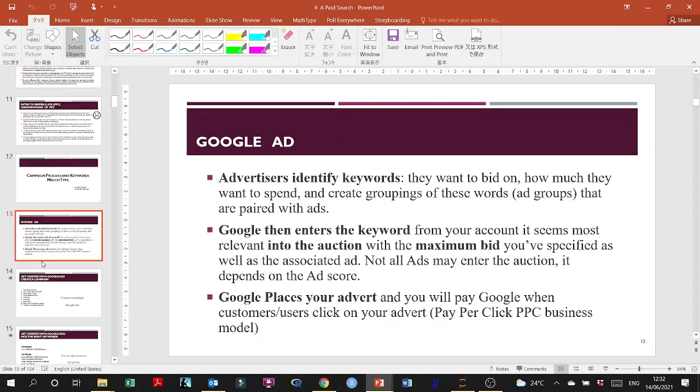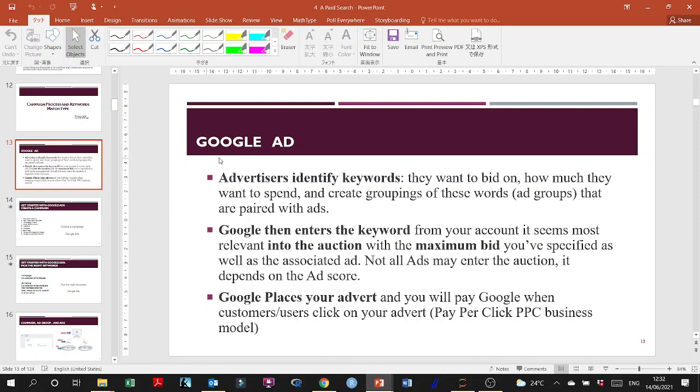So the campaign process, basically we're talking about Google Ads. With Google Ads, advertisers usually have already identified keywords. They've done the key phrase analysis or the keywords analysis that we've done together earlier, guys. If you remember, we've done it in the previous module. So now you understand which keywords are most likely to attract attention, to get you the best results, to get you enough traffic.